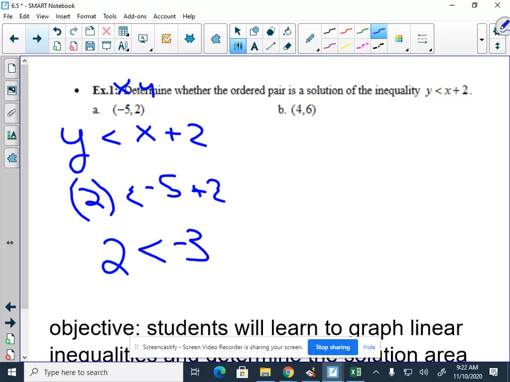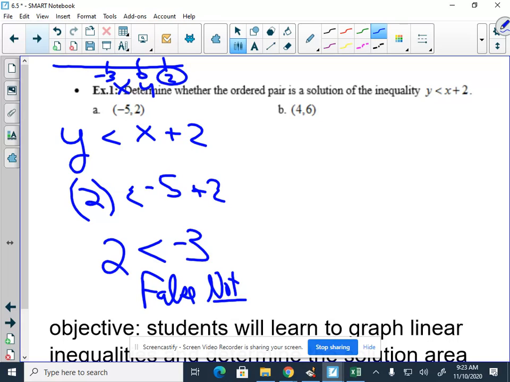Now remember, if you're not sure, you can go to the idea of a number line. 2 would be over here, and negative 3 would be over here. 2 is actually greater than. 2 is the bigger of the two numbers. So this one is false, or it's not a solution. That one doesn't work. It will not solve the inequality.